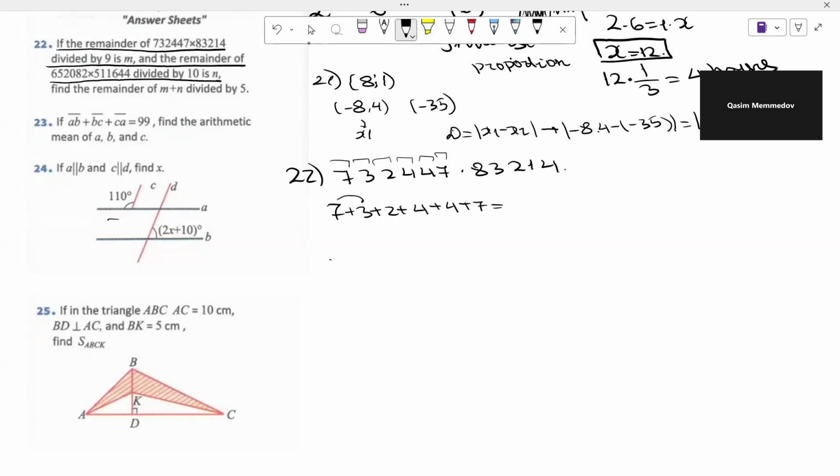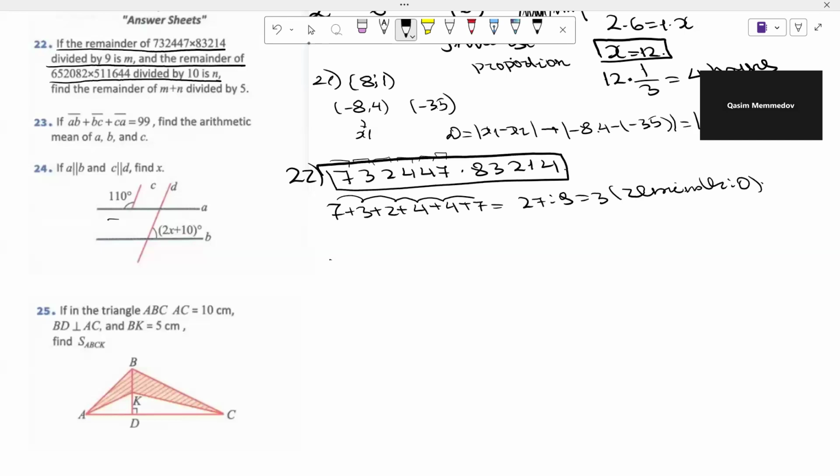It equals 10, 12, 16, 20, 27. And 27 divided by 9 equals 3 and the remainder is 0. And that's why this whole number must be divisible by 9, and the remainder is 0. Because this is a factor of this number. And if it divides by 9, this number can divide by 9 without remainder. And the remainder equals 0. That's why m equals 0.